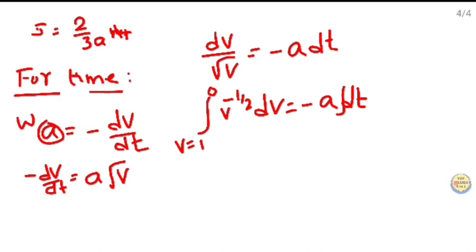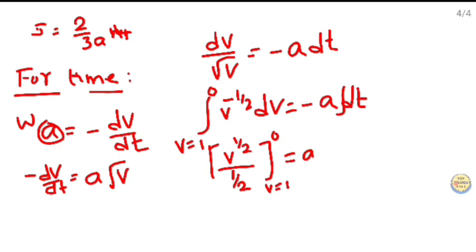And v power minus 1 by 2 plus 1 is 1 by 2, so v power 1 by 2 by 1 by 2. So limits from v is equal to 1 to 0 is equal to a, the time t, limits in integration 0 to t.